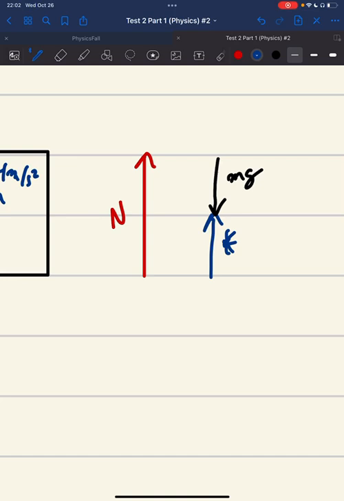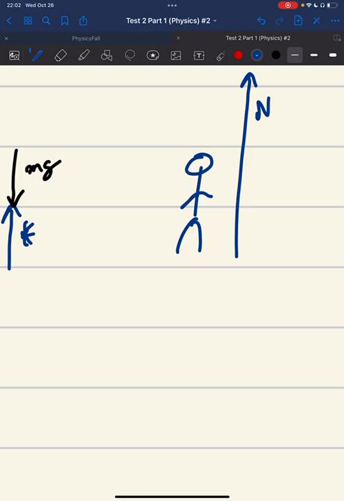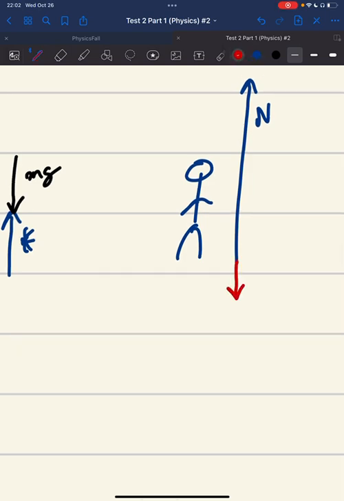So the resistance of the man, of what the man is doing, is greater than the weight itself of him.